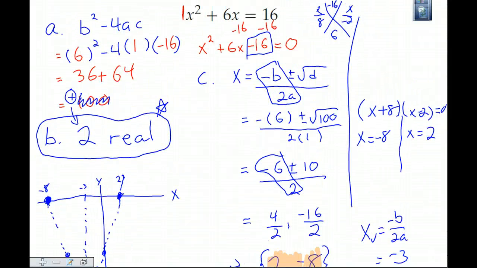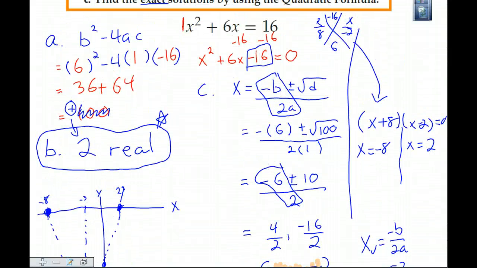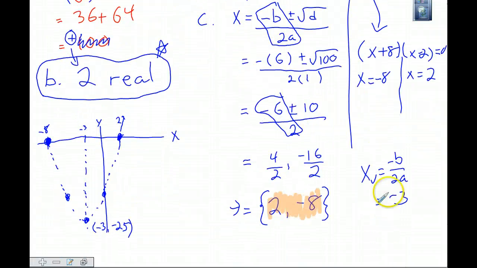Now, you might want to take note, look how much faster it is to factor on this one. We just did all this work right here. This took like 2 steps, and I got negative 8 and 2. The downside is factoring doesn't always work. When you have nice numbers like 8 and negative 2, that's great. But if we did all this work and our answer came out to x equals negative 3 plus or minus root 17 over 4, there's no way you get that factoring.